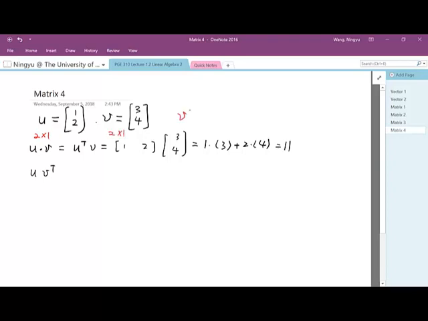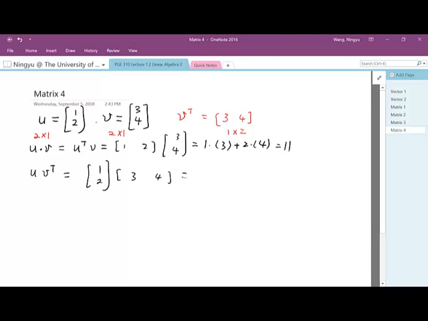What is v transpose? This is 1 by 2. What is the result if you multiply a 2 by 1 matrix by a 1 by 2 matrix? What is the size? Yes, 2 by 2. This equals 1, 2 times 3, 4.